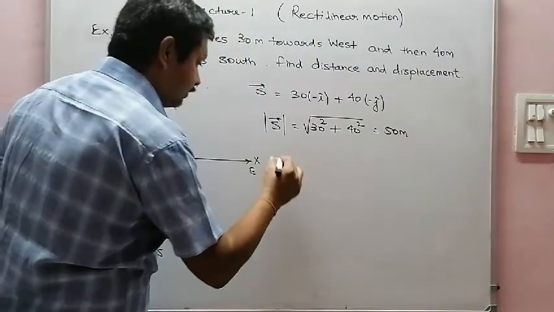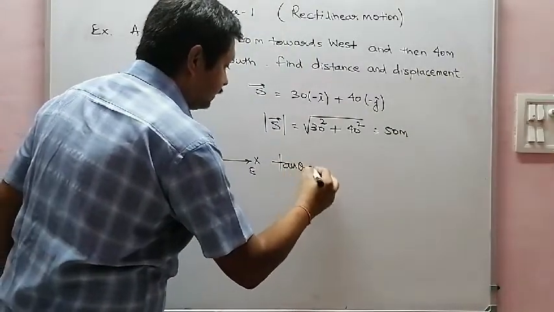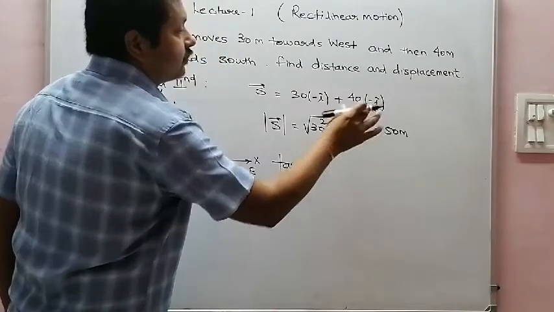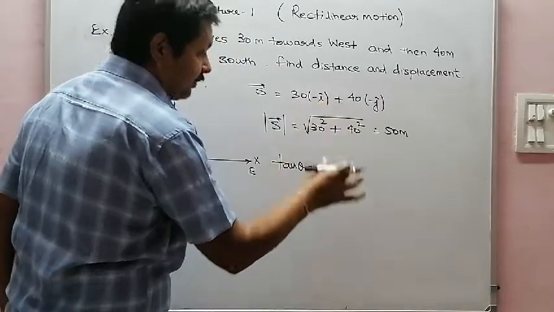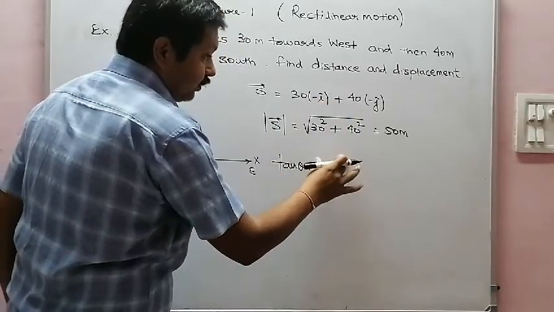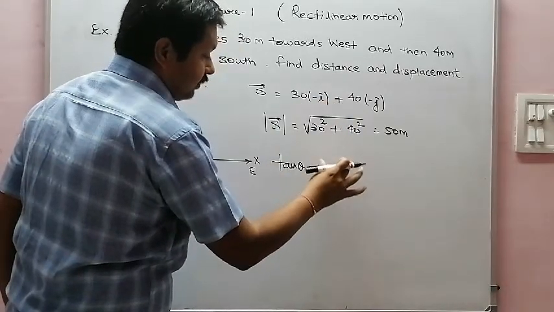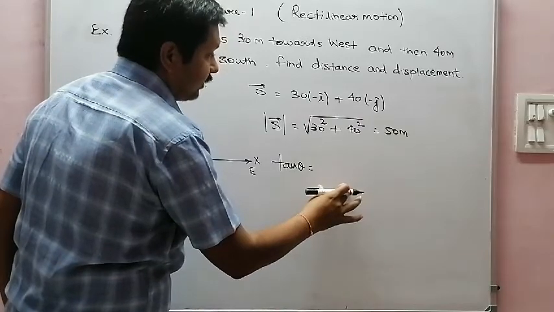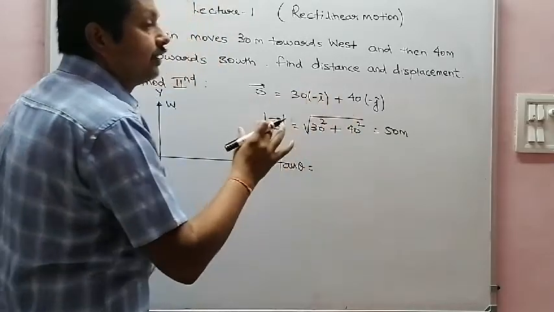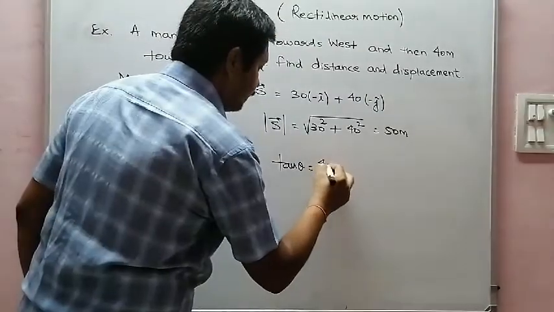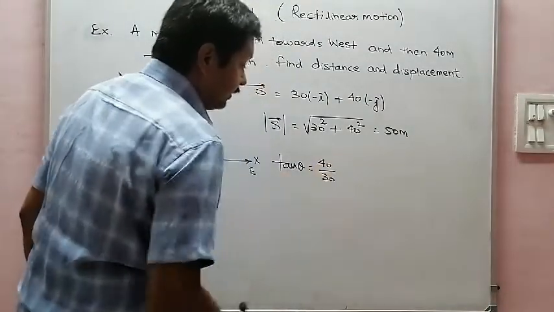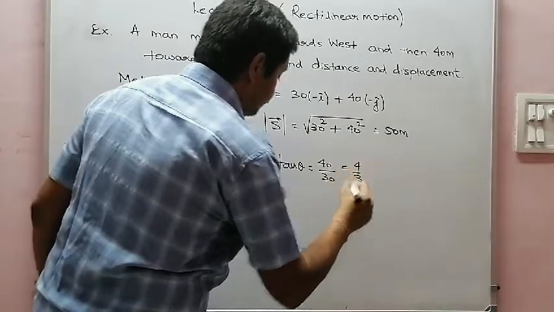Now again we write tan theta. In the numerator the magnitude of j cap and in the denominator the magnitude of I cap. When the numerator has the magnitude of j cap and the denominator has the magnitude of I cap, then this angle is always made with the x-axis. So 40 by 30, that is 4 by 3.